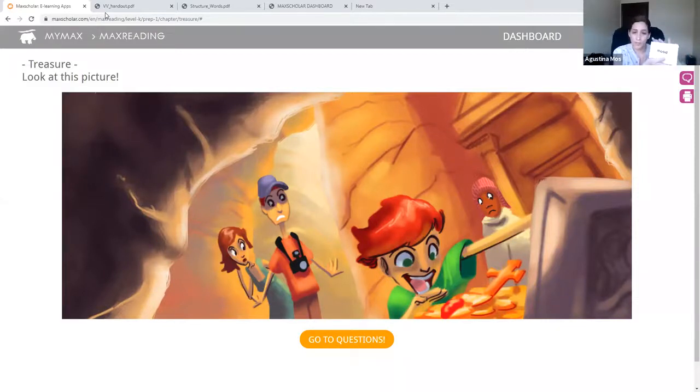Mood. This is one that I like using with this picture. What can you tell me about the mood of the people in this picture? Or another way to use this as a question is, how do you think a person is feeling? How do you think the kid is feeling? Happy. What makes you think that he's happy? Well, 1, he found a treasure. 2, I see his smile, big eyes.